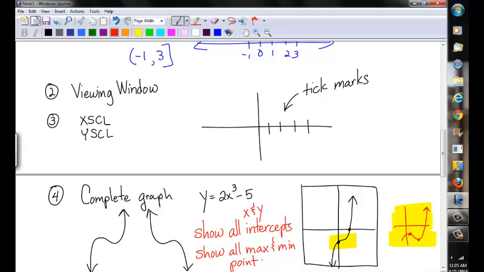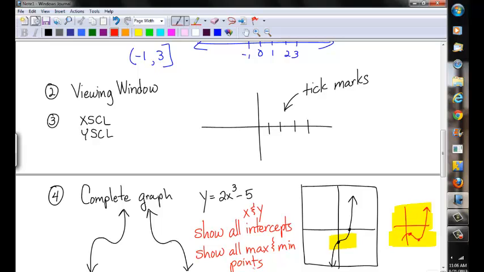So if I change this window, let's say I had the window just like that. Are you seeing a complete graph? No, because you're not seeing that it actually intersects up here.